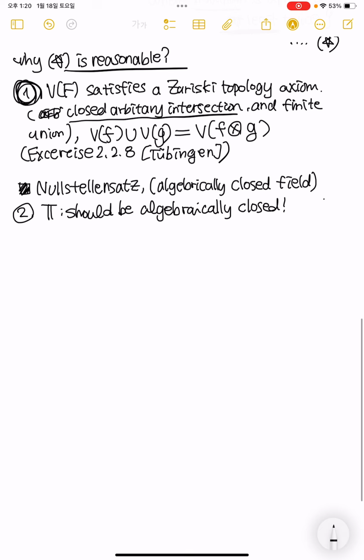Without this condition, the zero set, zero loci does not hold in algebraic geometry. So we can ascertain the following key is an algebraically closed.